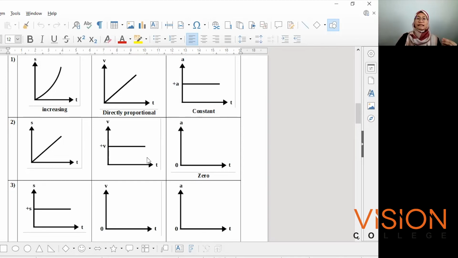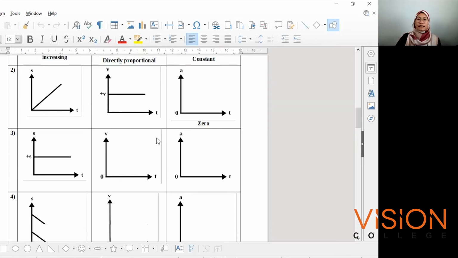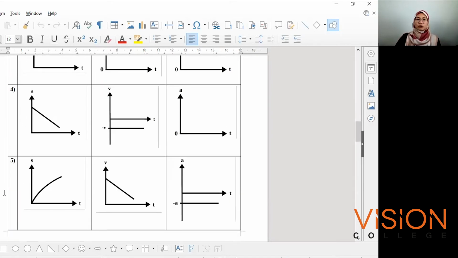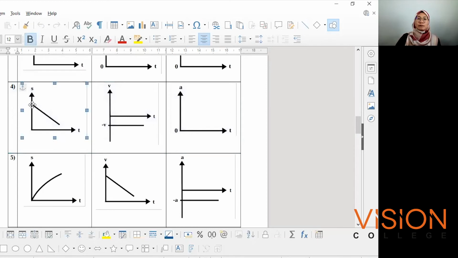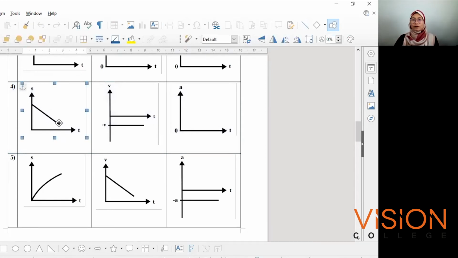But on top of these 9 graphs, I have another extra 6 graphs, 2 extra rows of graphs here. What happens if the displacement is decreasing over time? The velocity will become constant negative velocity. But again, whatever is constant, afterwards it becomes zero. Anything that is constant afterwards becomes zero.